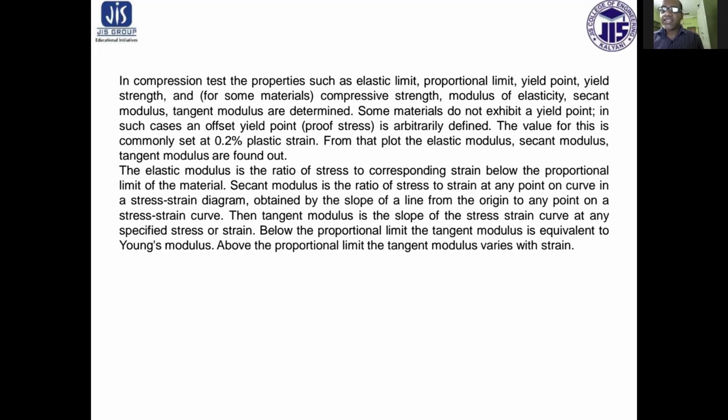Then tangent modulus is the slope of the stress strain curve at any specified stress or strain. Below the proportional limit, the tangent modulus is equivalent to Young's modulus. Above the proportional limit, the tangent modulus varies with strain.